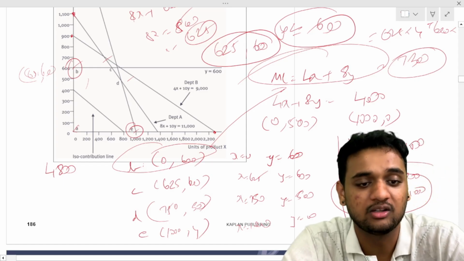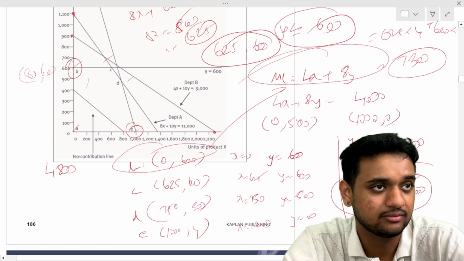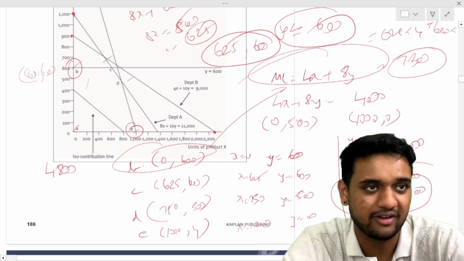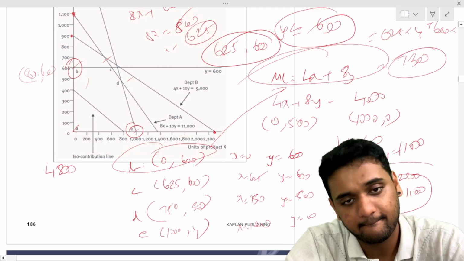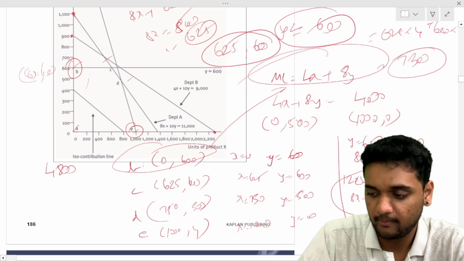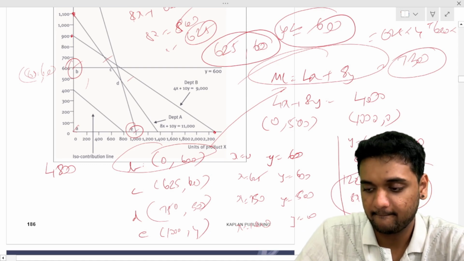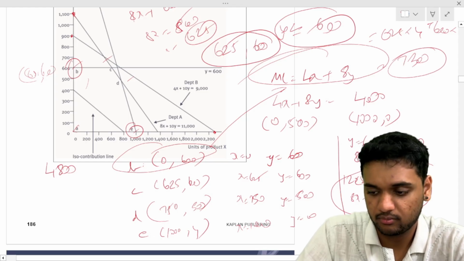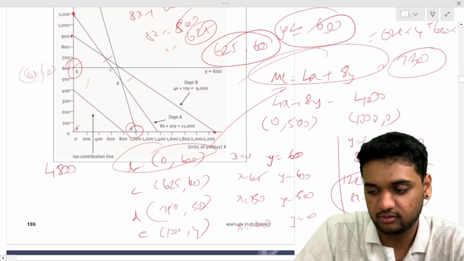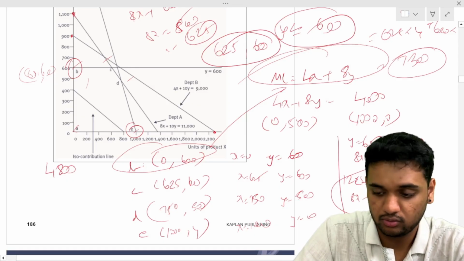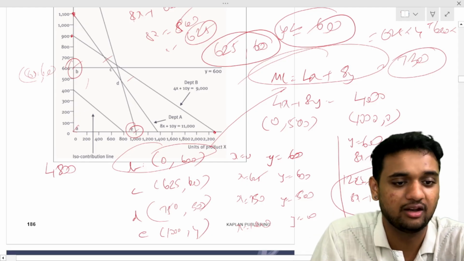Point C. What is the point? 625 and 600. Substitute that and tell me what contribution we are getting. How much? 7,300 we are getting.